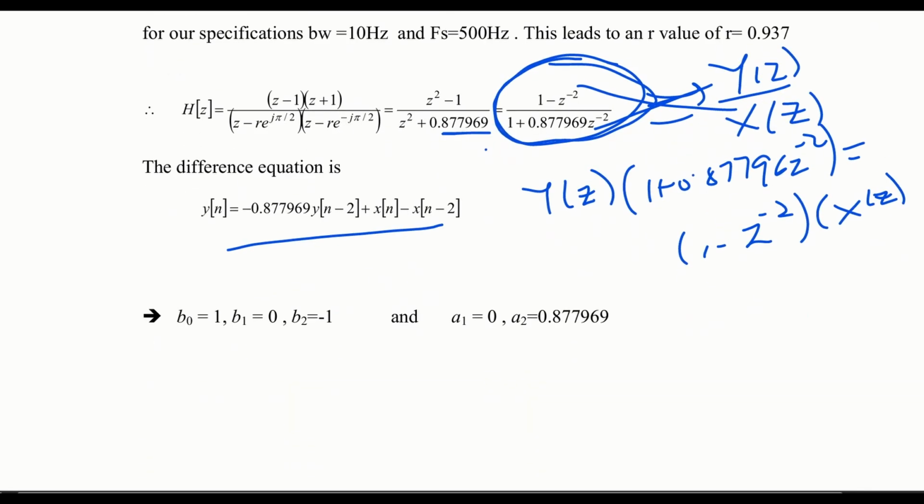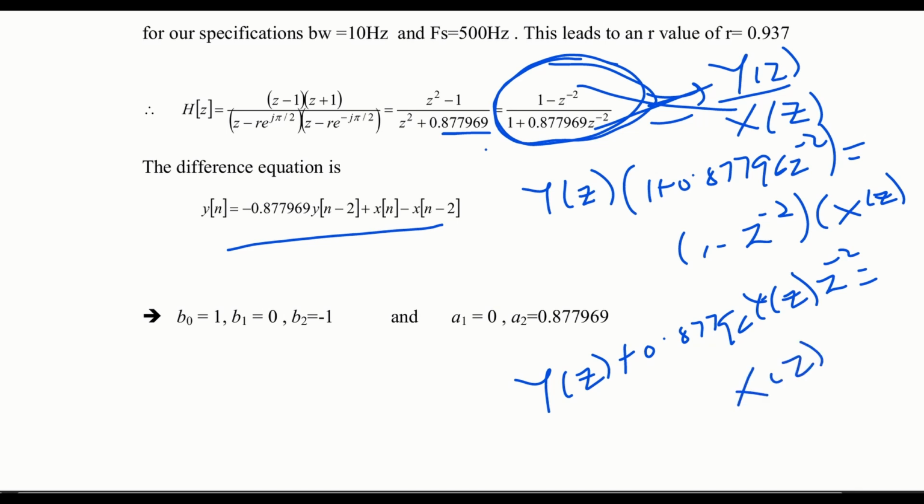When you expand, you get y of z plus 0.87796 (let me just truncate it) times y of z multiplying z to the minus 2 is equal to x of z minus x of z times z to the minus 2, right?